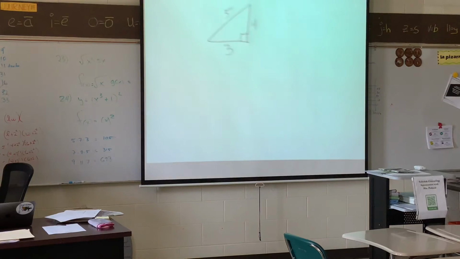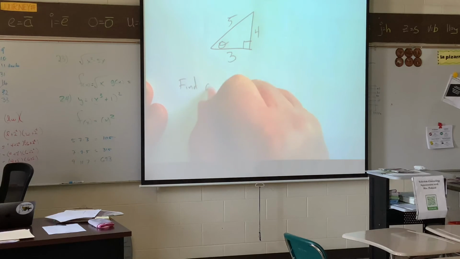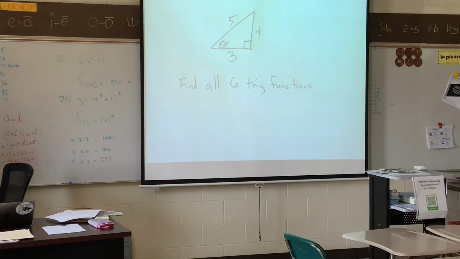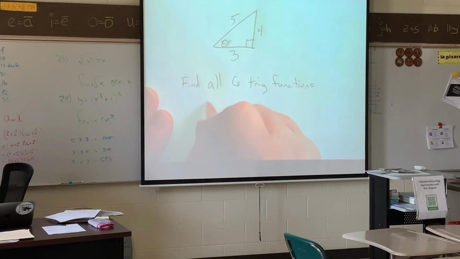You're going to get a triangle like this. You can get this question: find all 6 trig functions. Whenever I get a problem like that, I list them just for my own organization. Sine theta, cosecant theta, cosine theta.